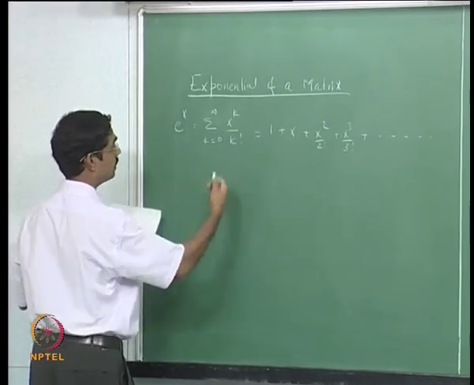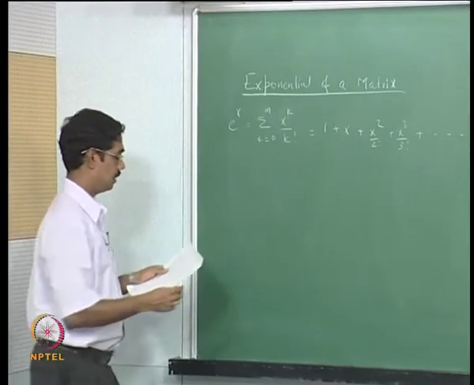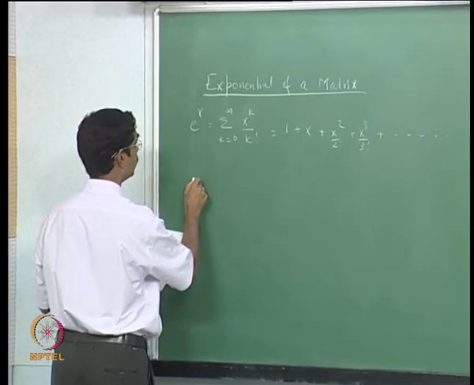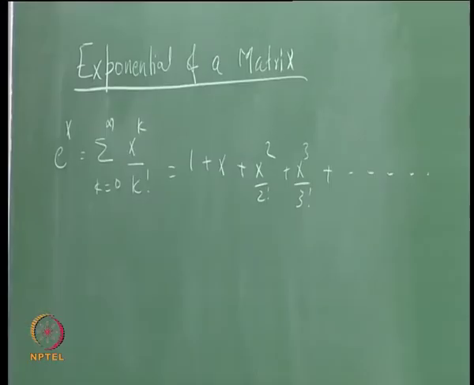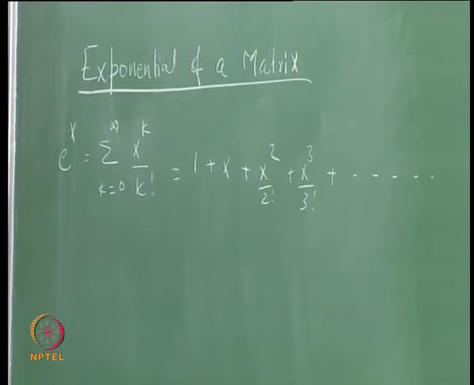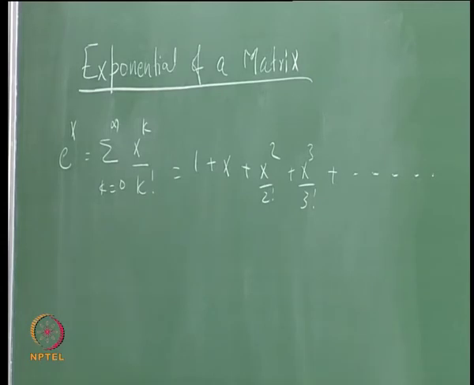Now let us construct this for a matrix. As long as we can calculate x squared, x cubed, x power 4, then we can construct the exponential, because you can make all these powers and add them up to construct the exponential of a matrix. So as long as we can calculate the powers.